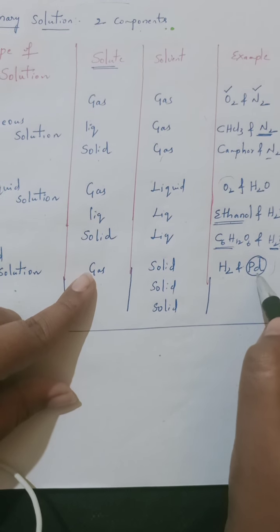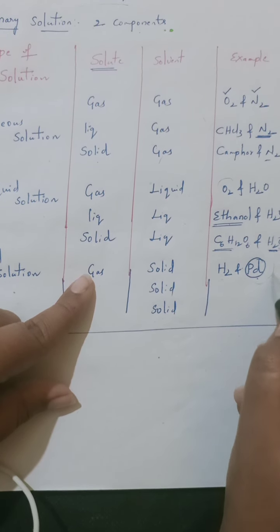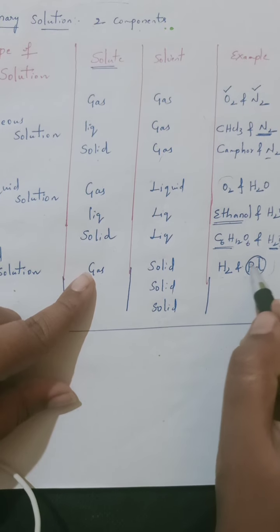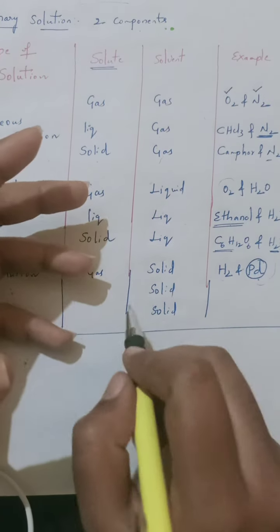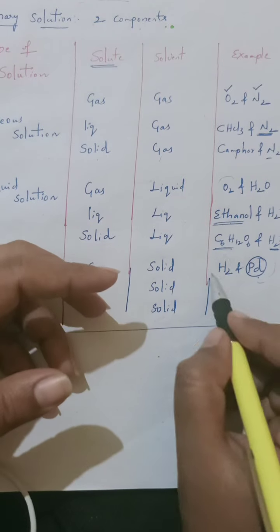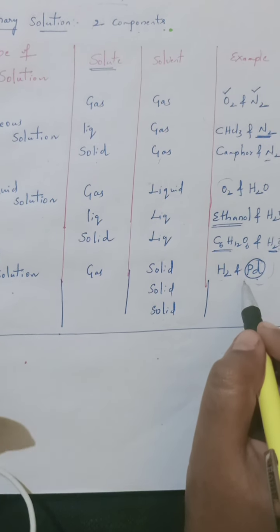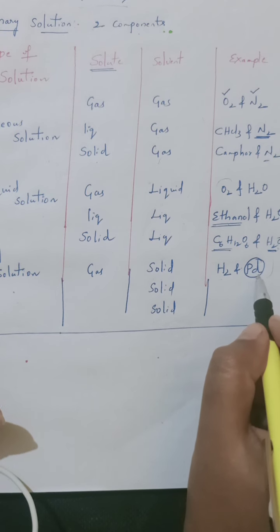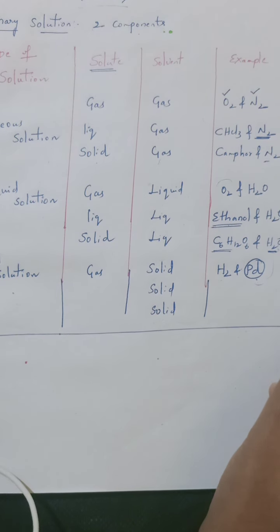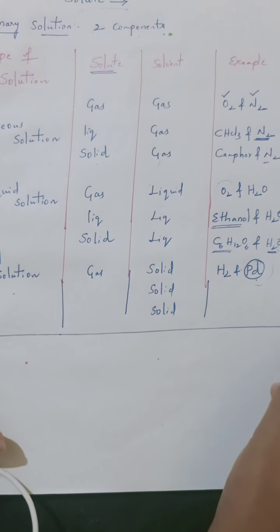Here, which metal have we taken? Palladium. This metal is in solid state. Within that, hydrogen gas is mixed. So it gives a solution. Which type of solution? Solid solution, because the solvent here is in solid state.